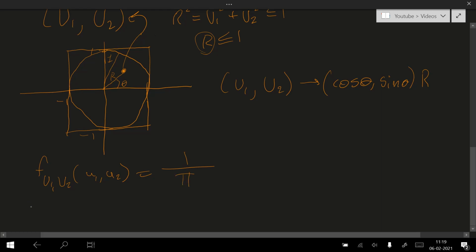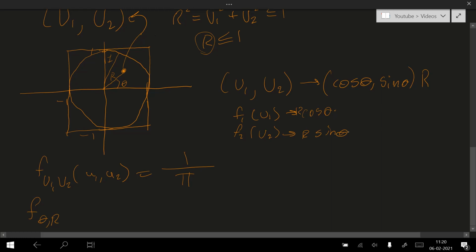Now I want to somehow find the density of theta and r, and we know these can be written. There's a function f1 which takes u1 over into r times the cosine of theta, and an f2 which takes u2 over into r times the sine of theta.